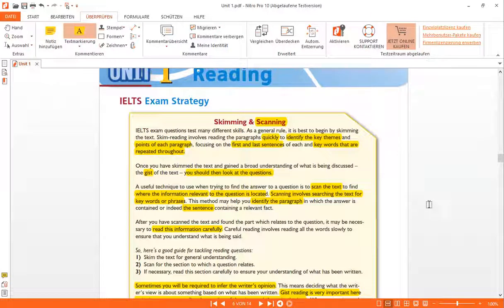So you want to look for the sentences with most of your keywords. I'm not going to say a lot here, because you will hear them in the videos: watch the videos on the general reading practice test and academic reading practice test, where we deal in detail with this topic.